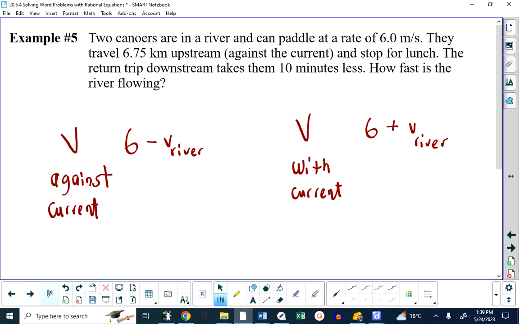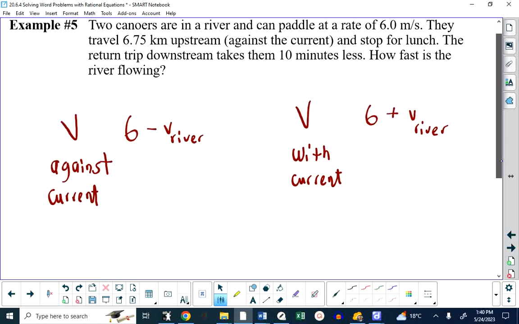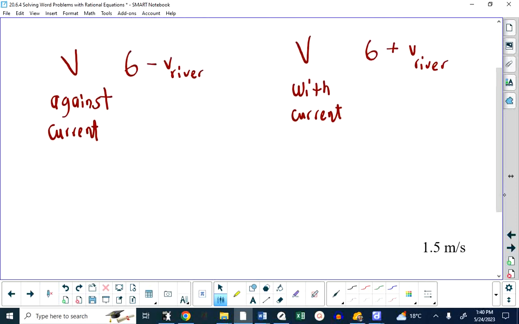So what do they do? They travel 6.75 kilometers upstream, stop for lunch, return downstream, and then we have a comparison of times. Well, we're going to set up a table. There's the answer, by the way. We're going to go, I'll say slow and fast, speed, distance, and time.